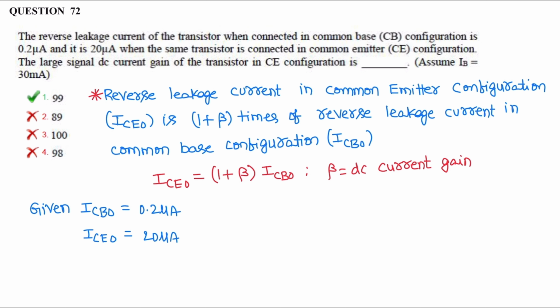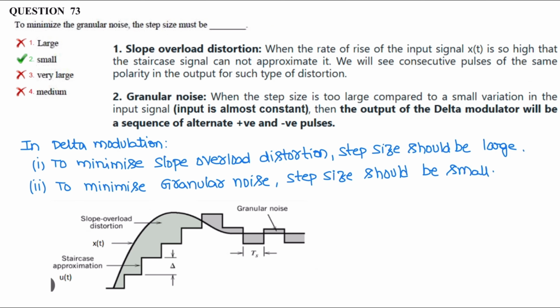We know the relation between them in terms of beta is ICEO is equal to 1 plus beta times ICBO. Given ICEO is 20 microampere is equal to 1 plus beta into 0.2 microampere. 1 plus beta is 100, so beta is 100 minus 1, the value of beta is 99. Correct answer is option 1.